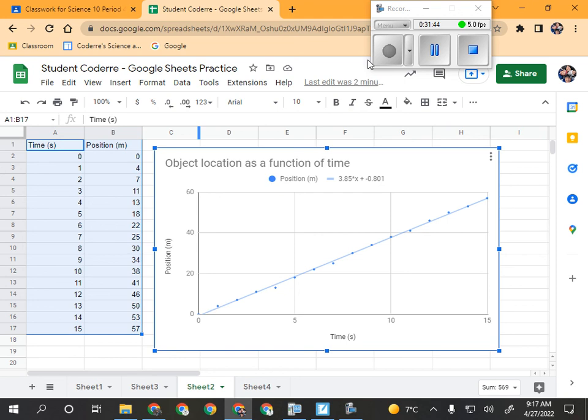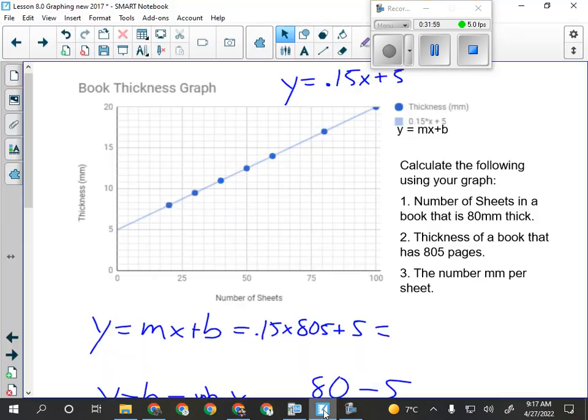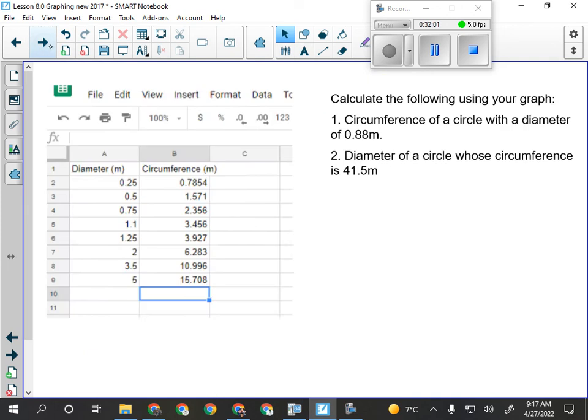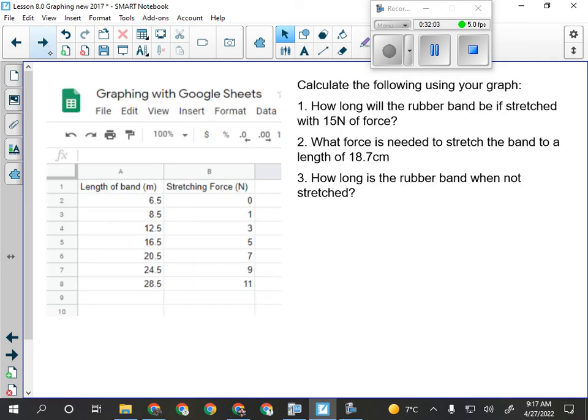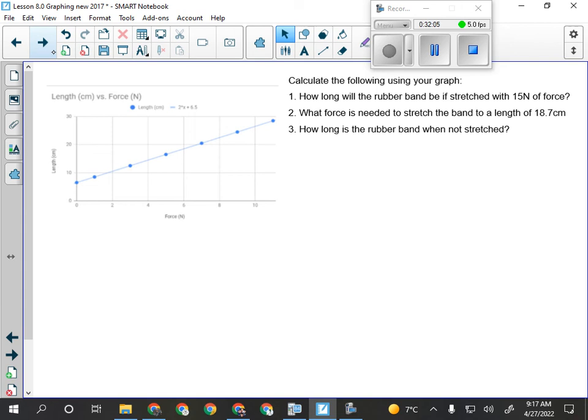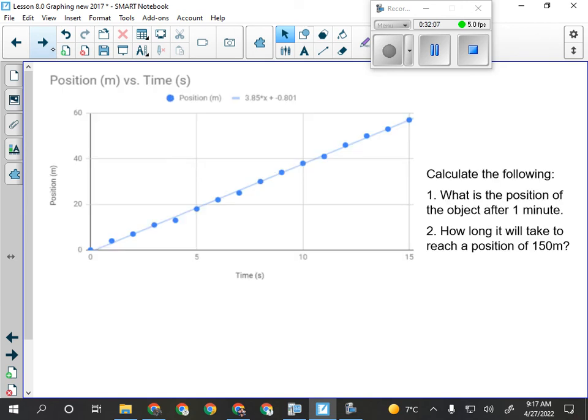They started from here and just kept going, and walked forwards. So on the x-axis I've got time. On the y-axis I've got position. There we go.